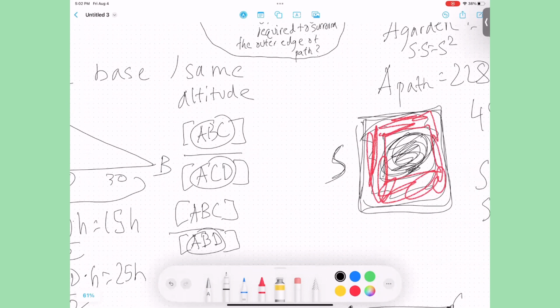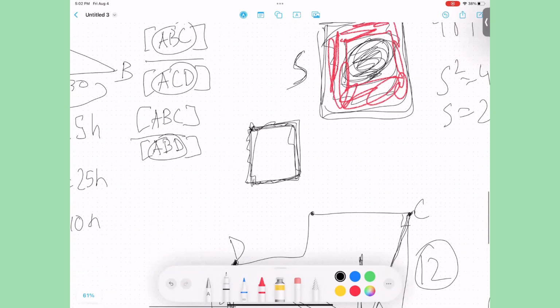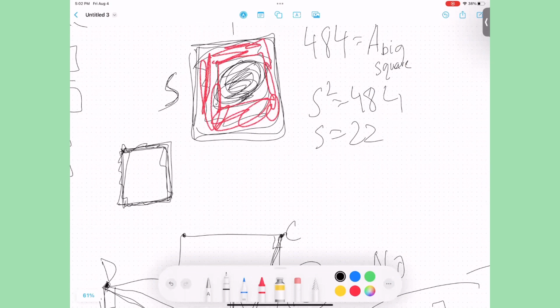But the outer edge of a square, if you want to surround this, it's basically the perimeter, because you add all these side lengths up, and you get the total number of meters you need for the fencing. So if this is 22, this is 22, this is 22, and this is 22, then you get 22 times 4, which is 88. And that's your answer. Does that make sense?